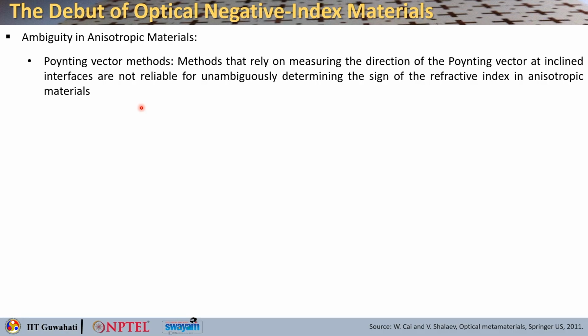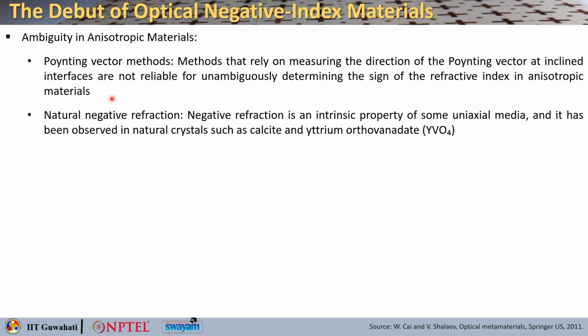And then there is some ambiguity in anisotropic materials. Methods that rely on measuring the direction of the Poynting vector at inclined interfaces are not reliable for unambiguously determining the sign of the refractive index in anisotropic material.